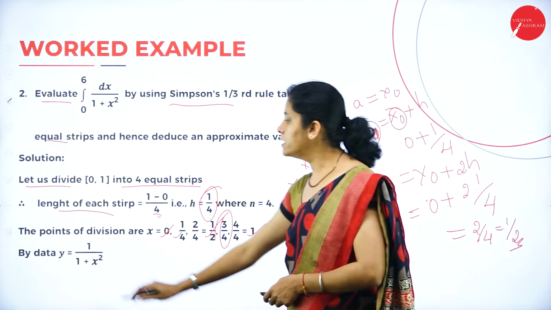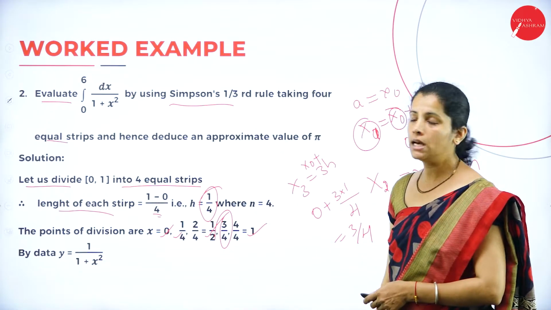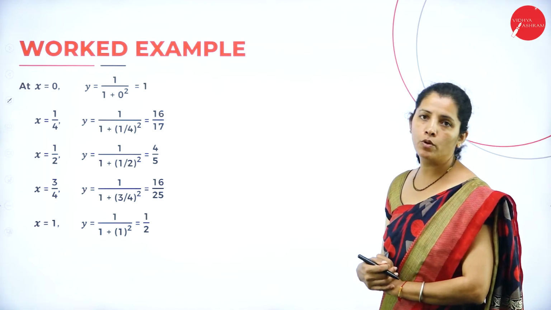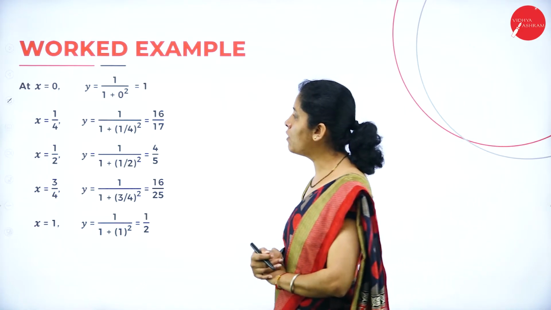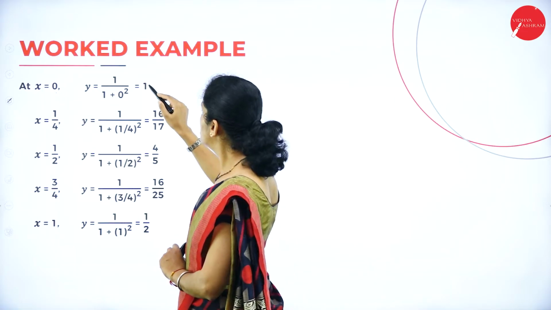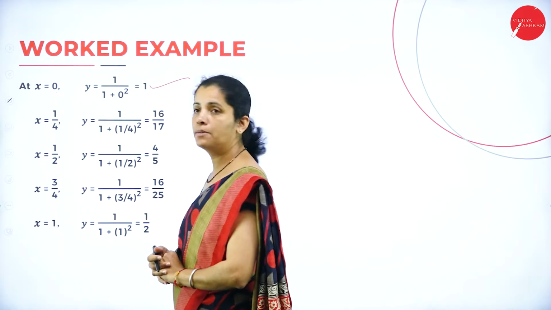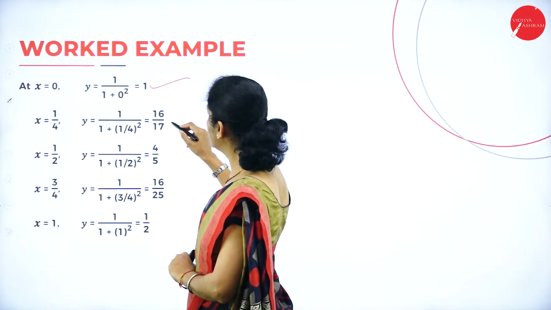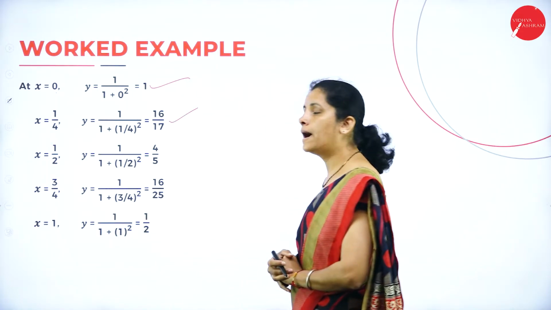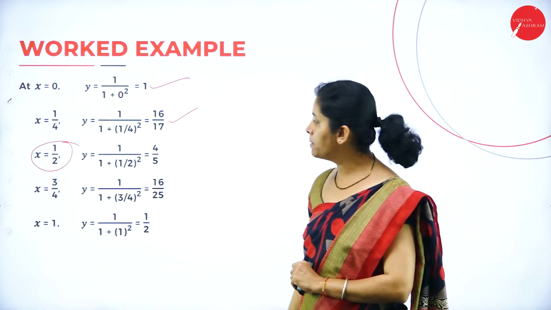Now, the given data is 1 divided by 1 plus x square, and I'm going to substitute the values into this given data. So, initially x is 0, so I'm getting the answer 1. Next, x is 1 by 4. I'm going to get the answer 16 by 17. And here, x is 1 by 2.